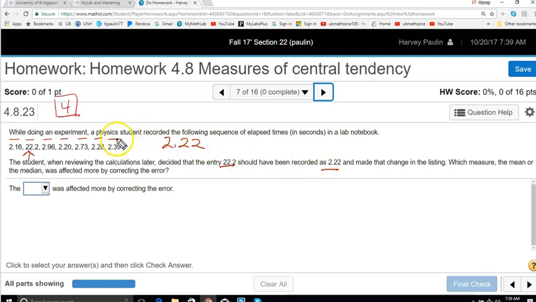Now, keeping that in mind, which kind of measure of central tendency would that affect? Would that affect more the mean or the median? Think about it.